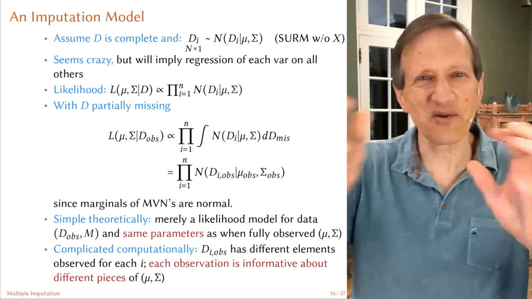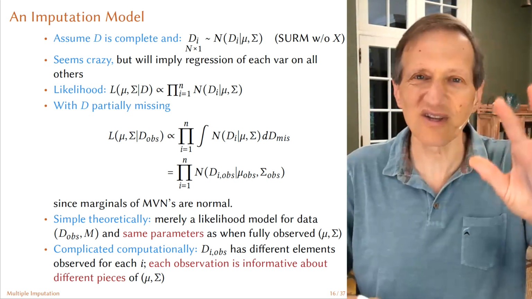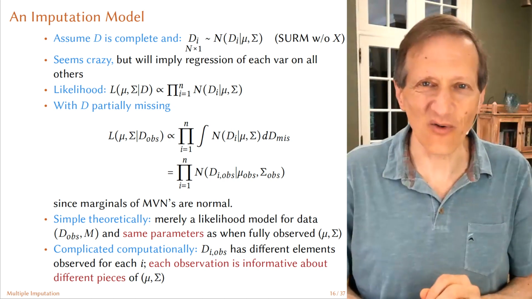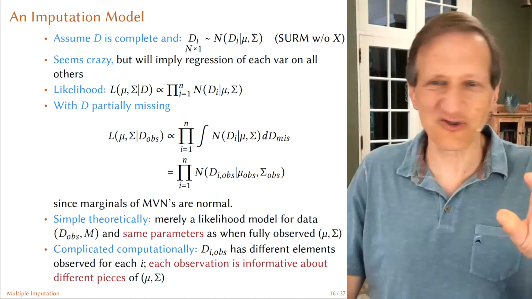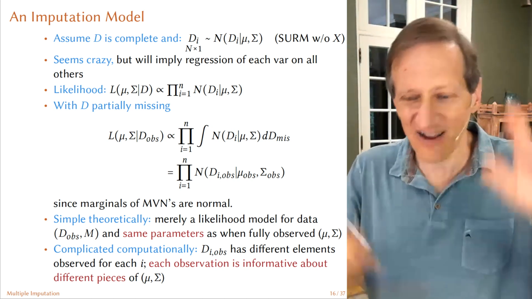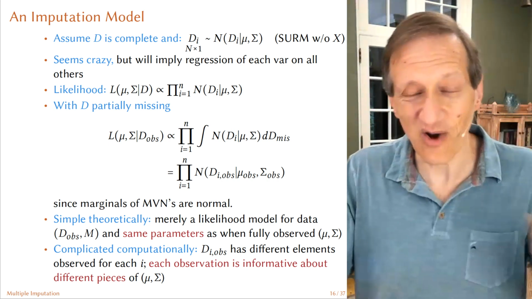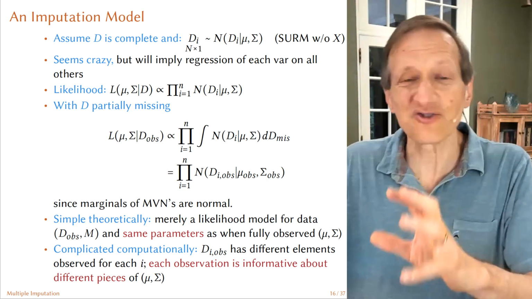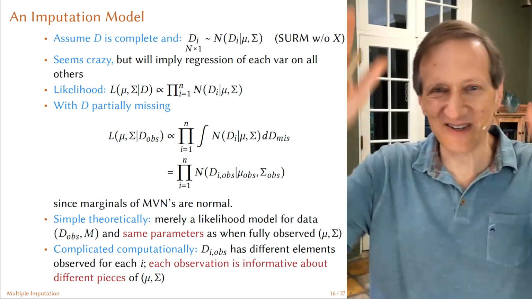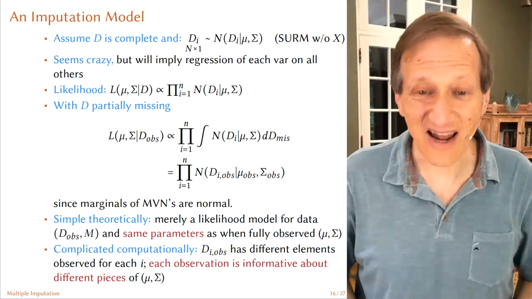For example, if we have a bivariate normal distribution, y1 and y2, and in the first observation we only see y1, then we're not contributing to the mean for y2. If for the second observation we have y2 but y1 is missing, we would not contribute to the mean for y1. So you have this kind of crazy Swiss cheese setup.